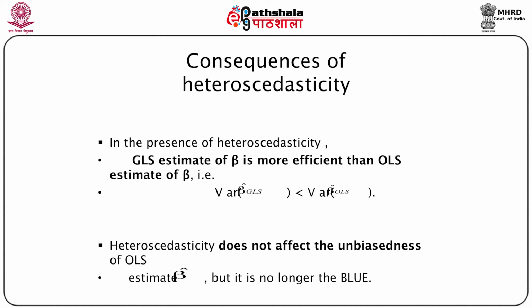Heteroscedasticity does not affect the unbiasedness of ordinary least square estimates of beta, but it is no longer the best linear unbiased estimate, or in other words, the variance of the OLS estimate of beta is no longer the lowest variance. We will take another module to discuss the differences of the generalized least square method and the ordinary least square technique when heteroscedasticity is present in our dataset.